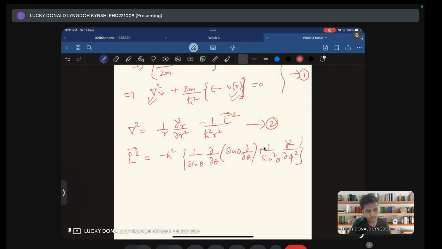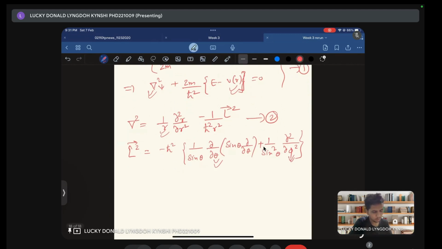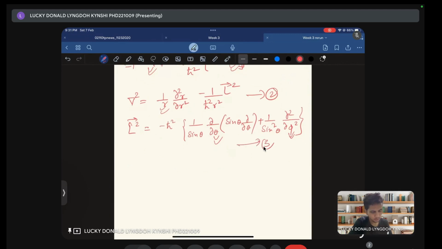Okay, you see that there is an r term here, there is also a theta term here, and there's also a phi term here. So if you substitute 2 and 3, let's say this is 3, in equation 1, then what will you get?